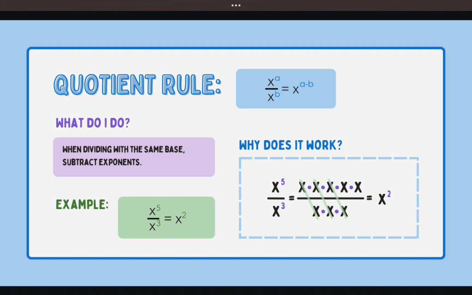So the x's on top can divide the 3 on the bottom, equals 1, so we have x squared. So the answer is x to the power of 2.